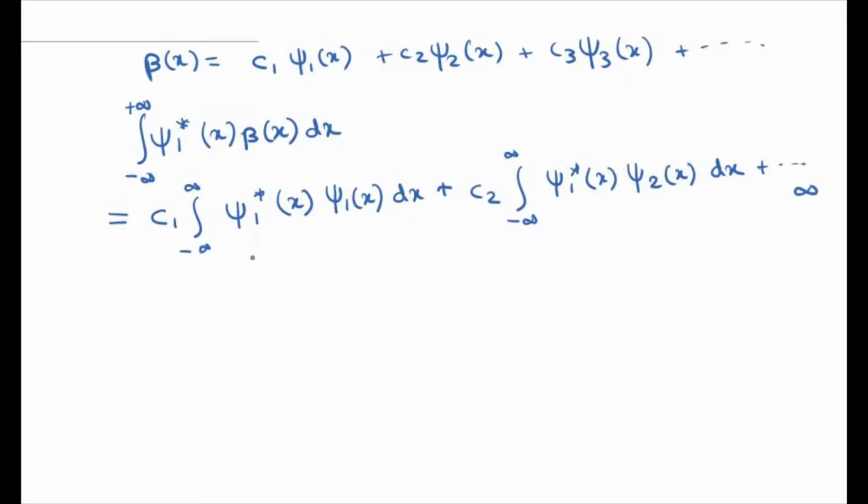Okay. Now note that due to orthogonality or orthonormality of the eigenstates, we will assume that the eigenstates here are orthonormal.